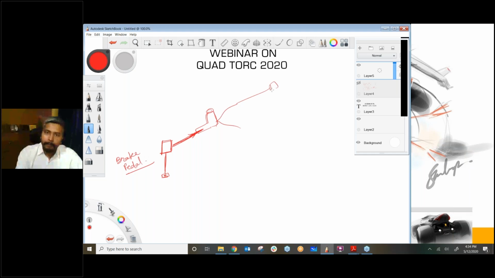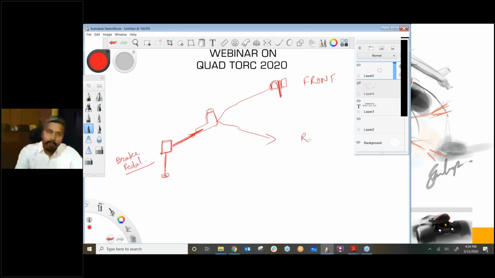This is a brake rotor, and this complete assembly is your caliper. This is your caliper, and this part is the rotor.